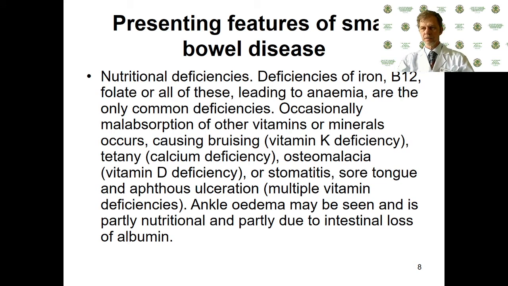Deficiencies of iron, B12, folate, or all of these leading to anemia are the only common deficiencies. Occasionally, malabsorption of other vitamins or minerals occurs, causing bruising, for example, in case of vitamin K deficiency, tetany, calcium deficiency, osteomalacia, vitamin D deficiency, or stomatitis, sore tongue and aphthous ulceration, multiple vitamin deficiencies. Now, ankle edema may be seen, partially nutritional and partially due to intestinal loss of albumin, so-called hypoproteinemic edema.